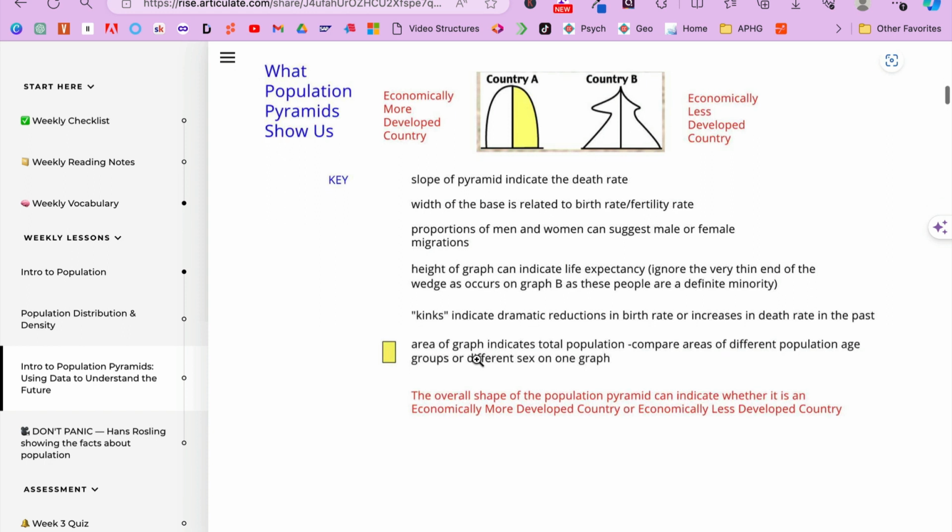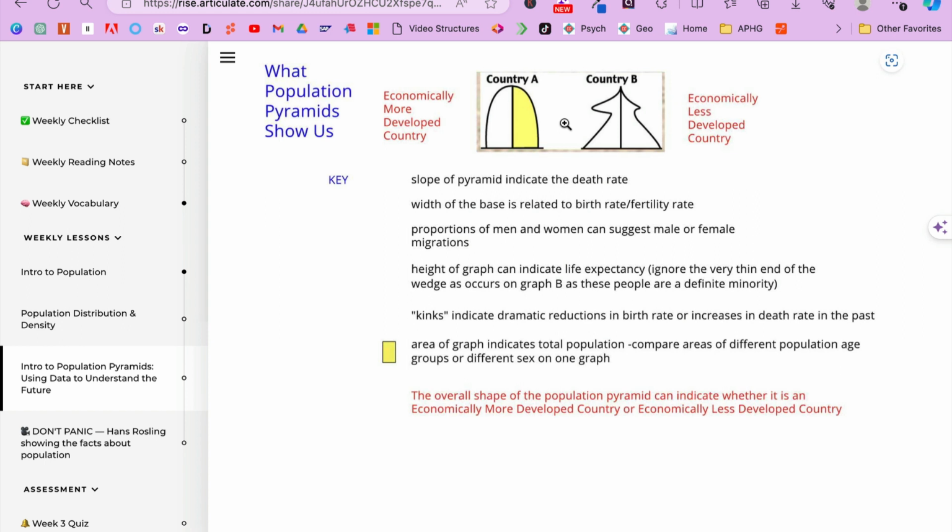If you see a kink, that can indicate dramatic reductions in birth rate or increases in death rate. So this could tell us something big happened. It could be famine, it could be a war. You can have kinks in worker populations.